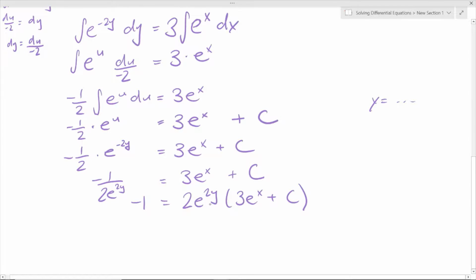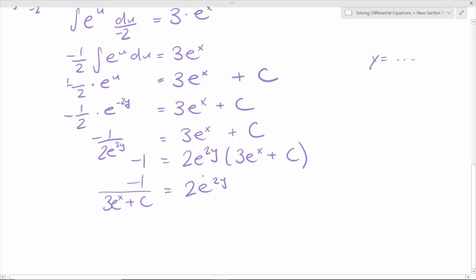Now we want to get rid of these x's. This x term is with the c, so let's divide both sides. -1 over 3 times e to the exponent of x plus c is equal to 2 times e to the exponent of 2y, like that.